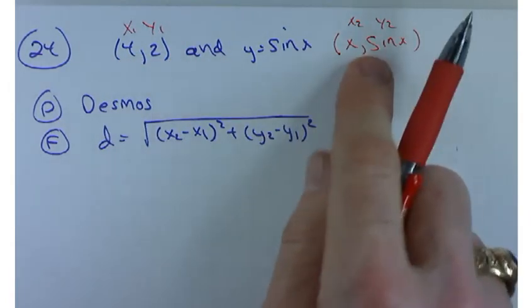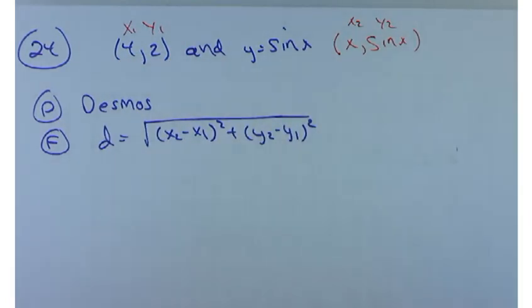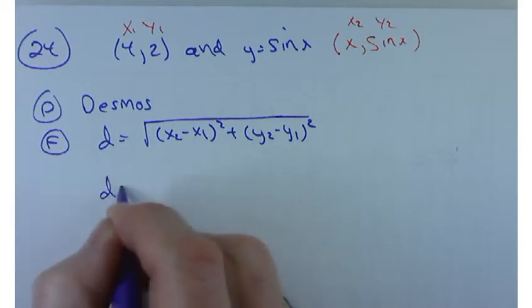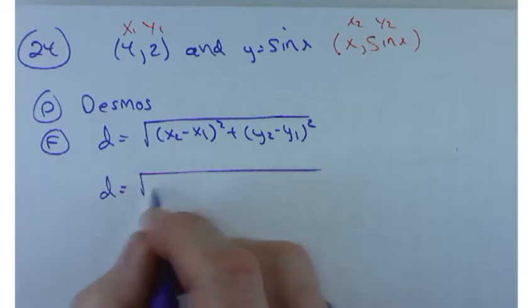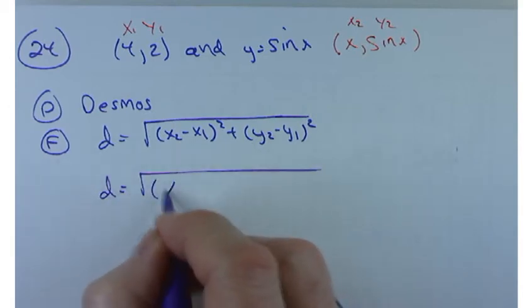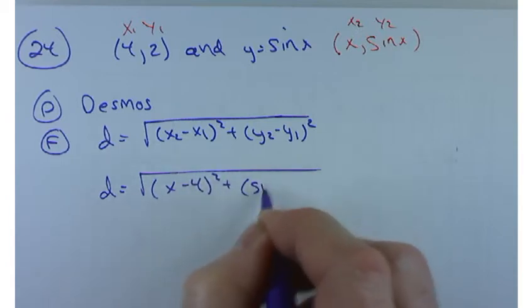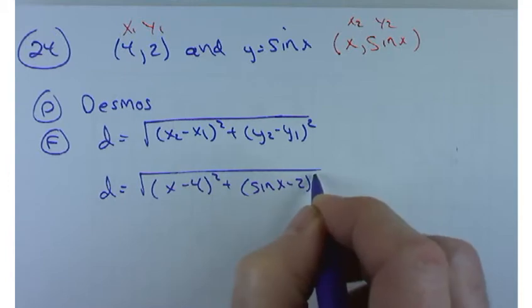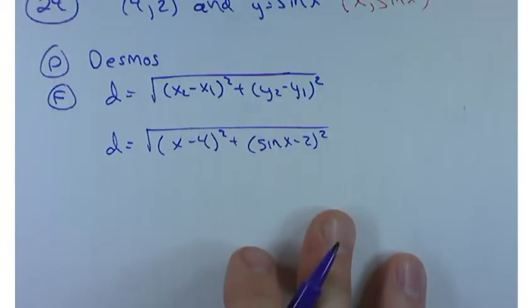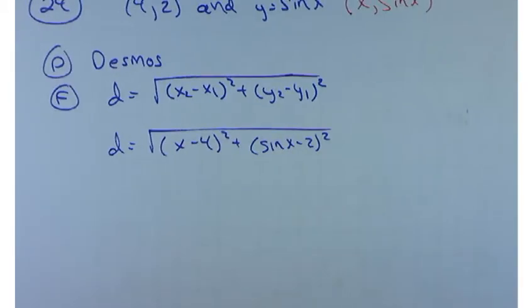I'll just have one variable, which would be x. So we'll call it d like that. So it's going to be x minus 4 squared plus sine of x minus 2, again squared. And that actually depends on one variable.